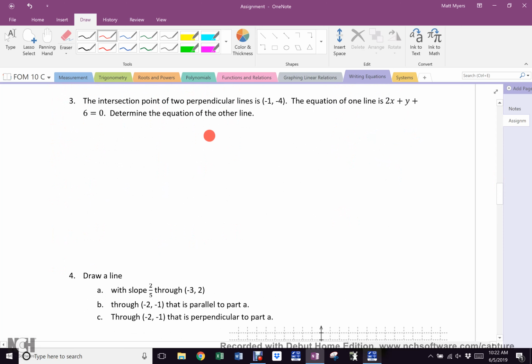We've had this argument. Intersection of two perpendicular lines is -1 and -4. What do we know about that point? It's a point on which line? Both lines, because they intersect there, yes? And since it's a point, what form am I going to use? Point slope, right? So I know that line 1 is y, what?